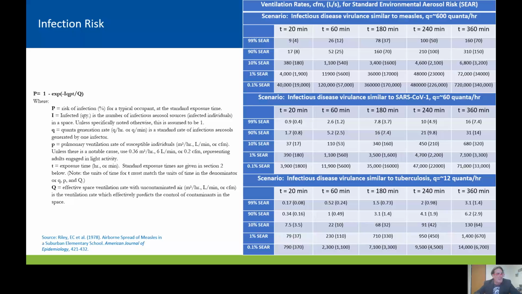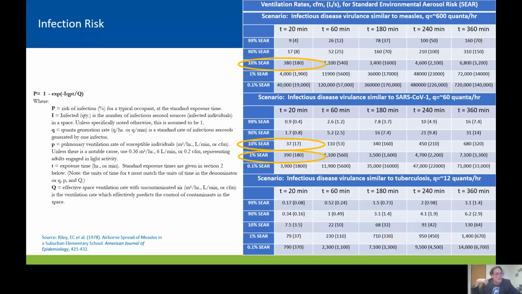For a disease with an aerosol generation rate similar to COVID, SARS-CoV, we need to see about 37 CFM to maintain a 10% environmental aerosol risk in that space. A 1% environmental aerosol risk in the space happens at about 380 to 390 CFM, which also, by the way, corresponds to a 10% risk occurrence for a disease like measles.